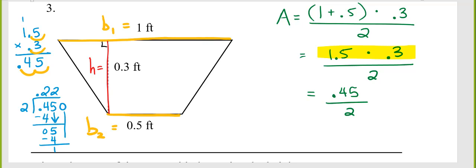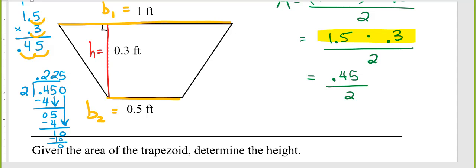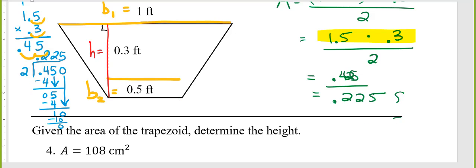I need to add a 0 and bring it down. 2 goes into 10 5 times. 2 times 5 is 10. 0 remainder. My answer will be 0.225 square feet.